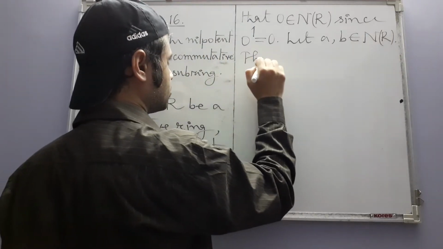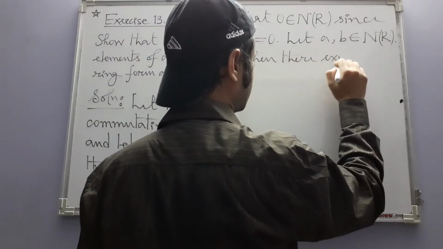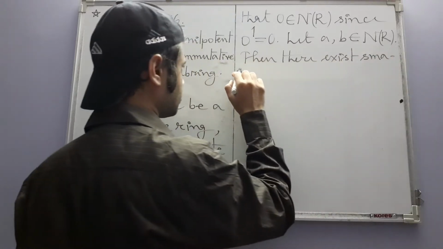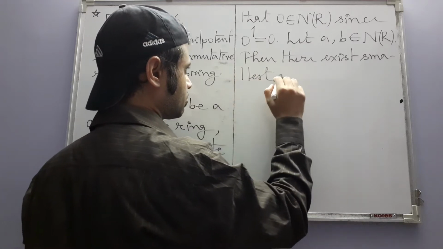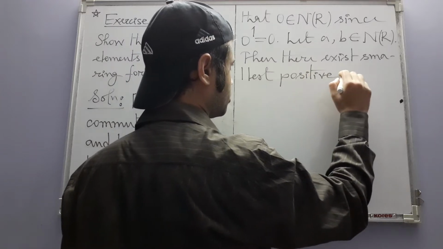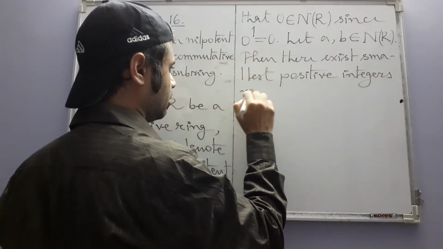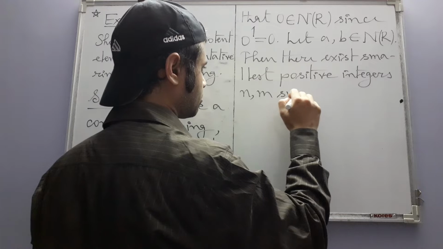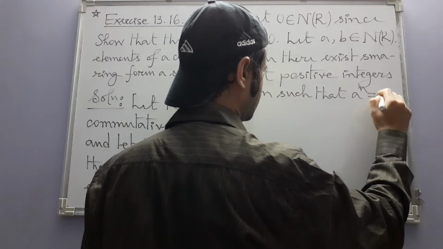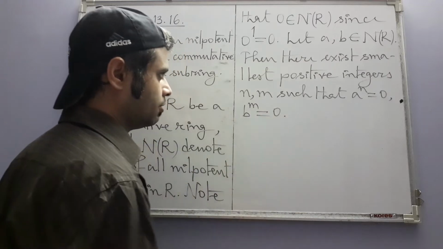Then there exist smallest positive integers n and m such that the nth power of A equals 0 and the mth power of B equals 0.